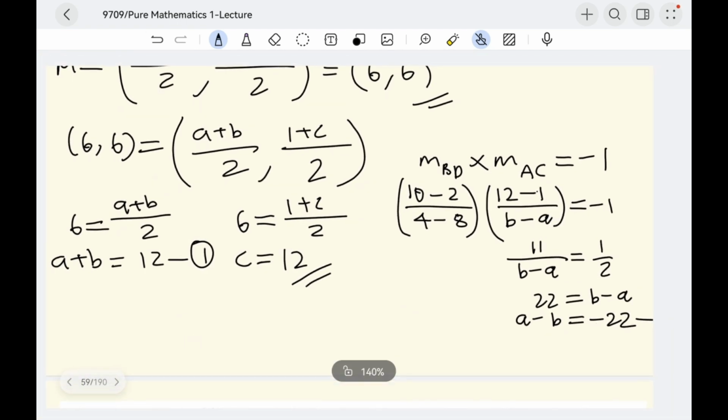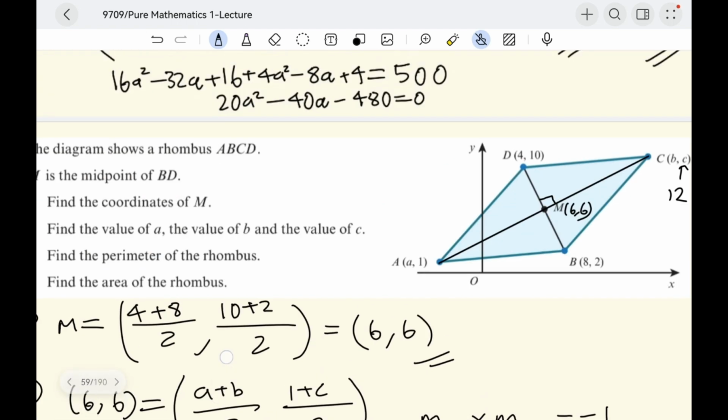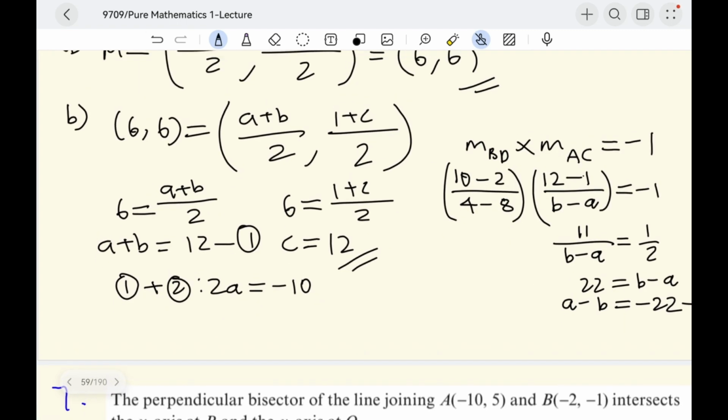Okay, so combine the first equation and the second equation, you will find the a already. So here I have 2a equals negative 10. So what will be your a? The a you will get is negative 5. Okay, that's the value of a.